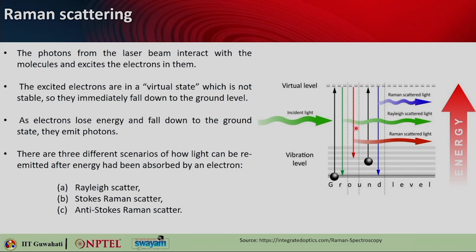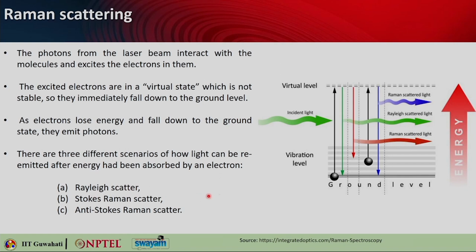In this case, if it comes down to an energy level which is higher than the ground level, the Raman scattered light will have a lower energy. We can call this Stokes Raman scattering.